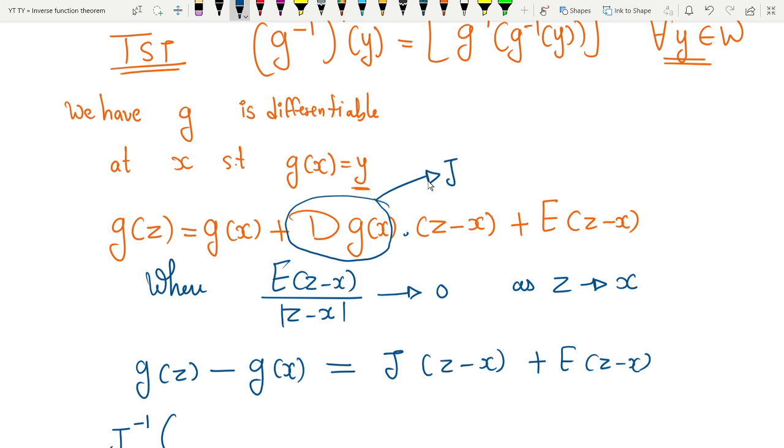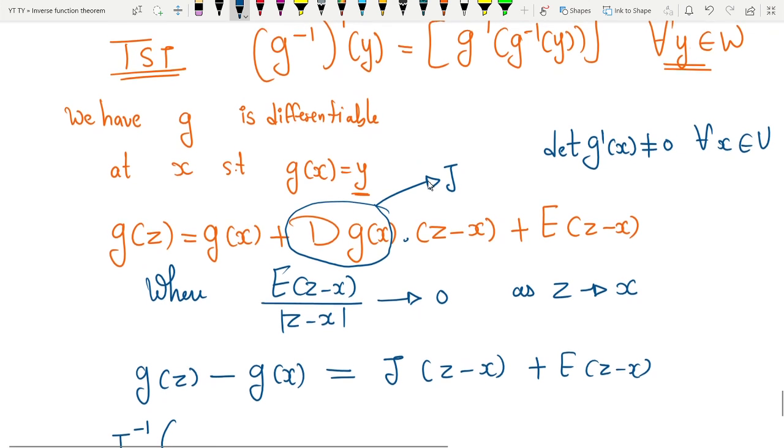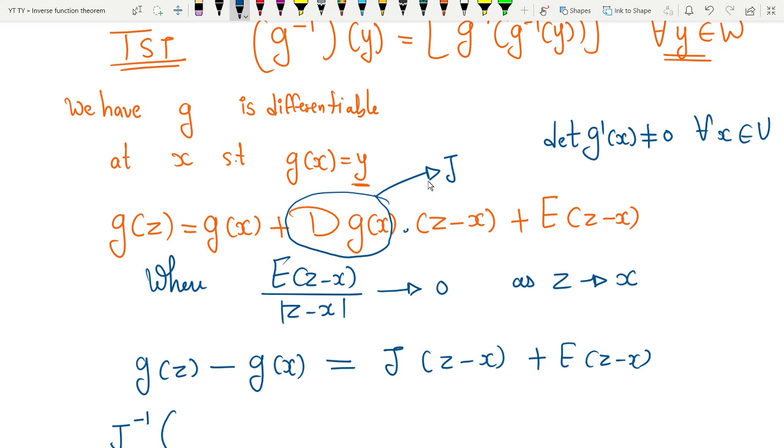Do I need to prove that the determinant is not equal to 0? I think this is one of my assumptions, right? We have taken u such that the determinant of G dash of x is not equal to 0 for all x inside u. This is one of the assumptions while considering u. Now you can see why we were so interested in so many restrictions on that u, because all the restrictions were used somewhere.